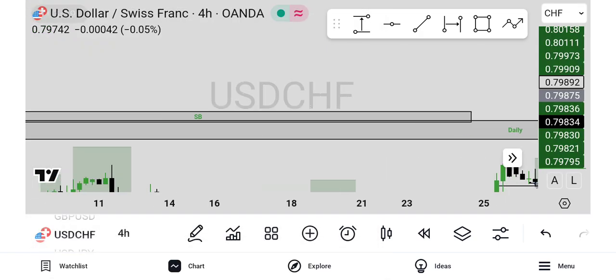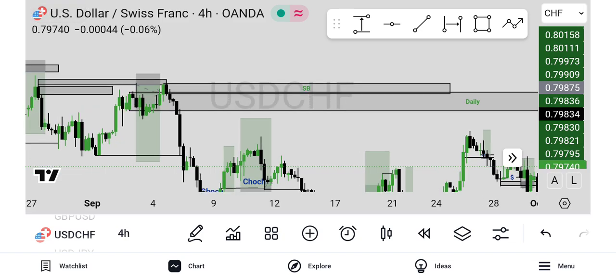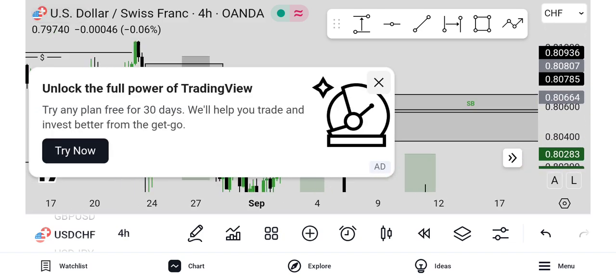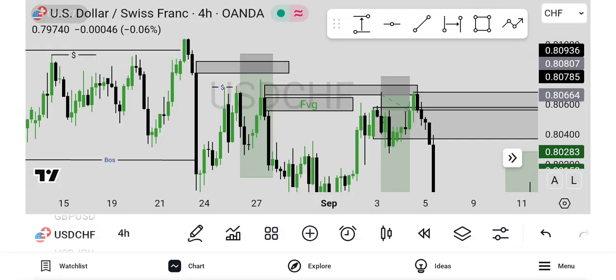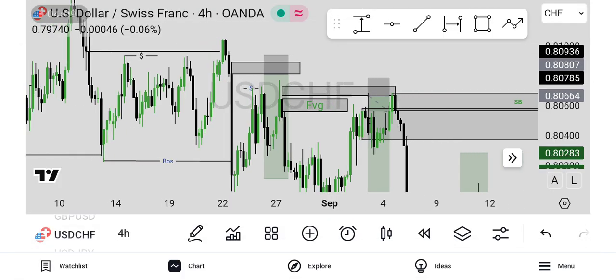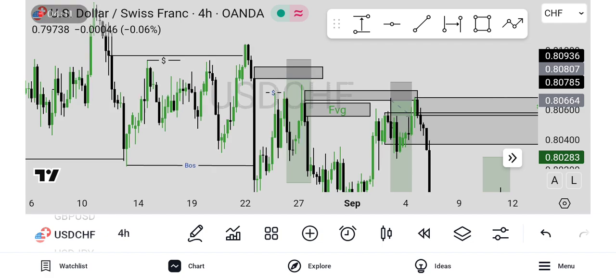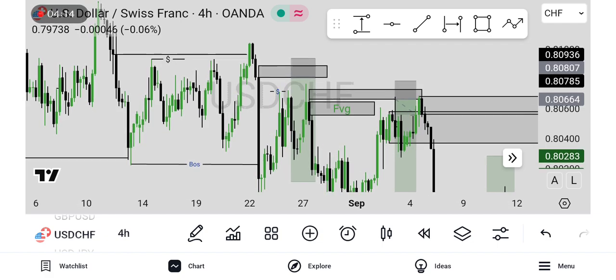on a smaller time frame. Now, if you look at this place, I marked this place out, but it was a misentry.